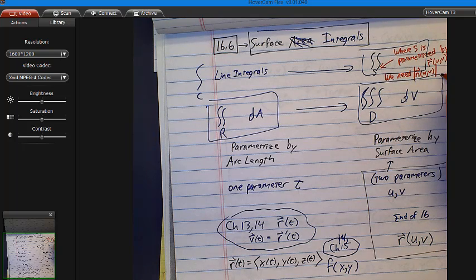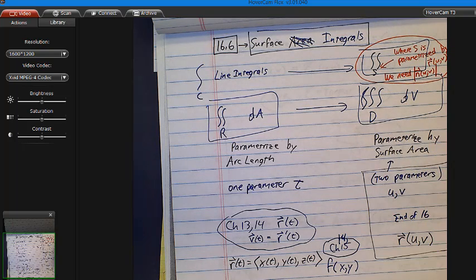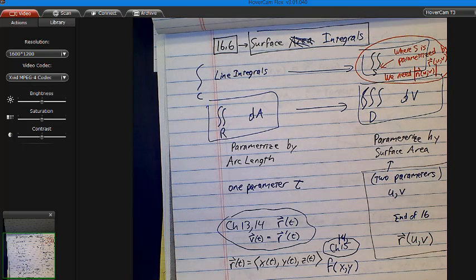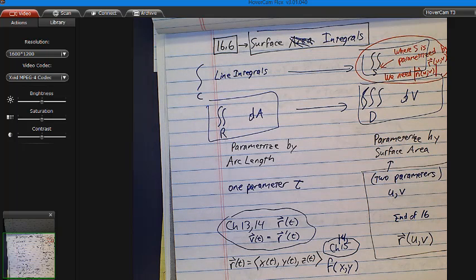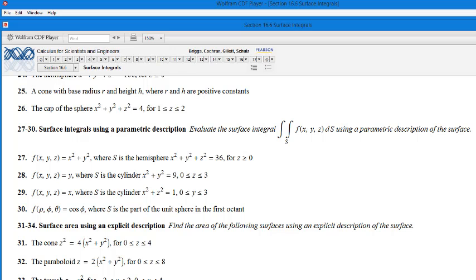So that's something else to write down, is that we're going to need that. Now the question is, I'm going to close by trying 28, at least setting it up. If we have to finish it next time, we will.